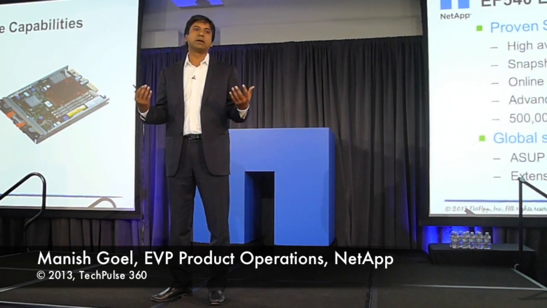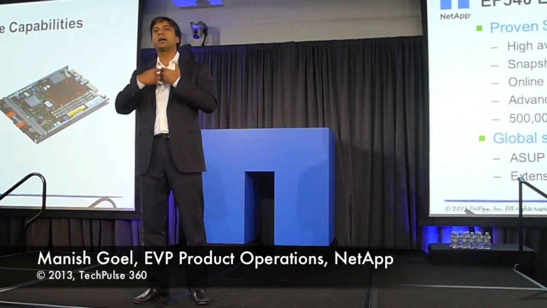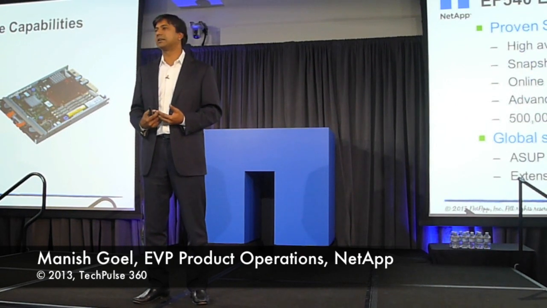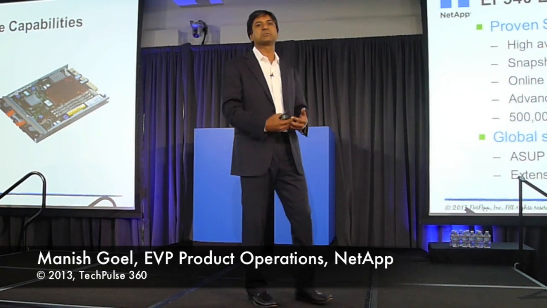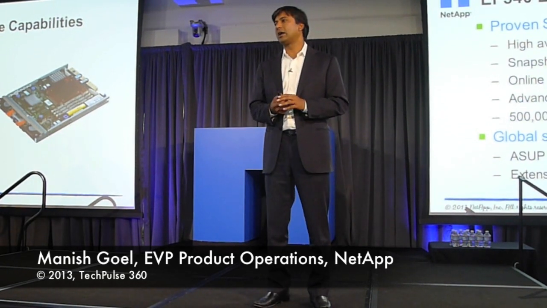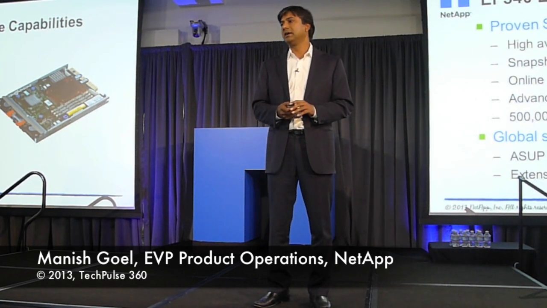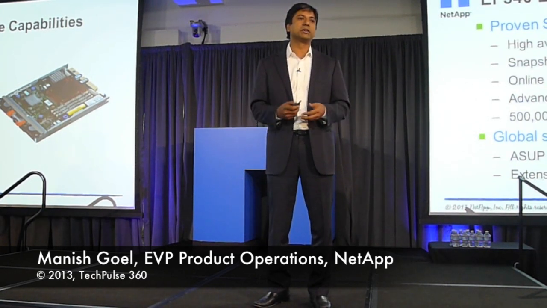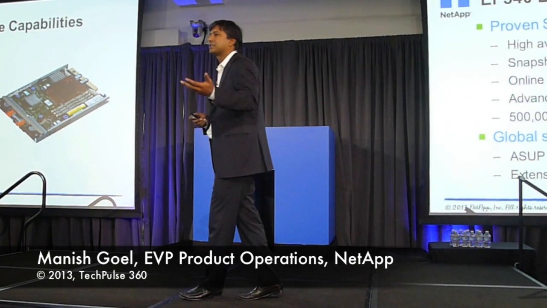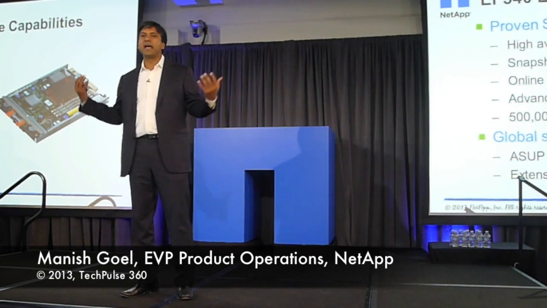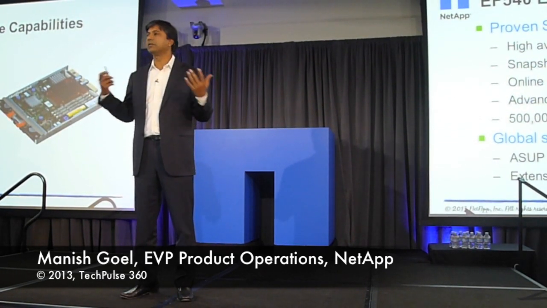All of those are capabilities that we bring to the table because the EF540 is built on a hardened operating system called SANtricity. SANtricity is powering more than 500,000 systems in the field already. All of that hardening of that very high performance operating system is really what the EF540 brings to bear. So it brings the characteristics of flash technology together with the enterprise capabilities and hardening of the SANtricity operating system to deliver the EF540.